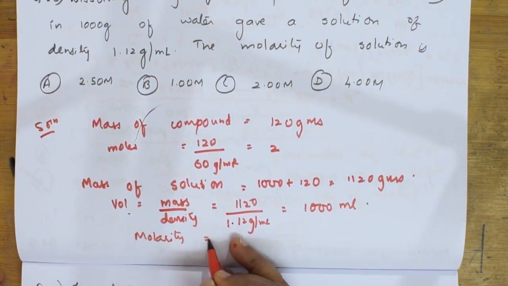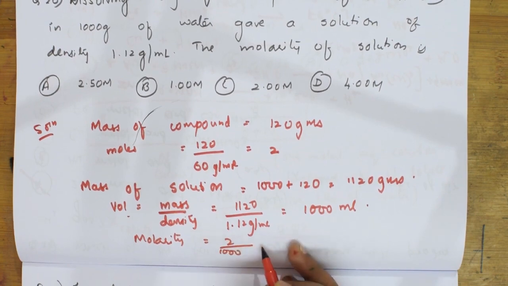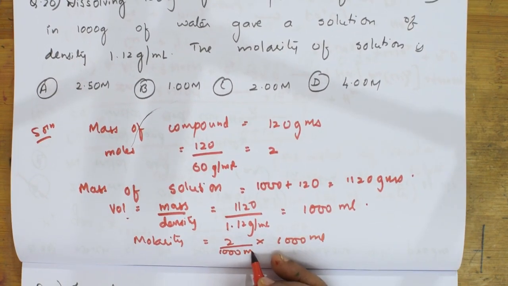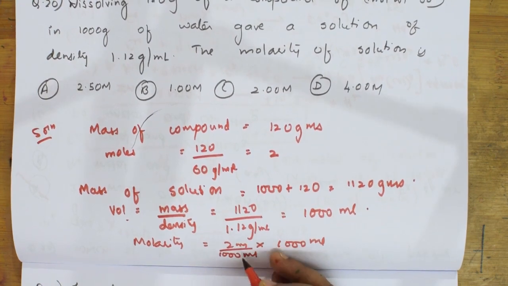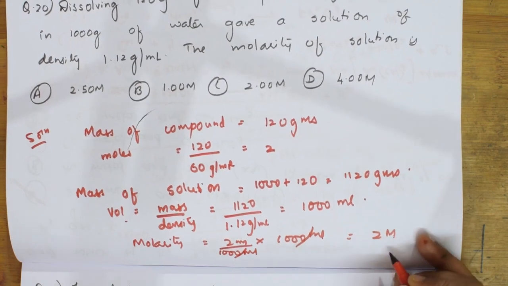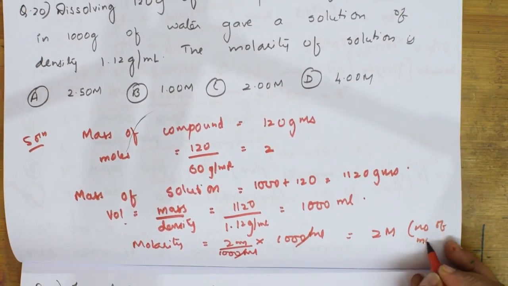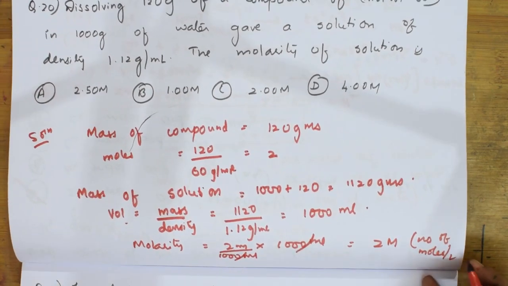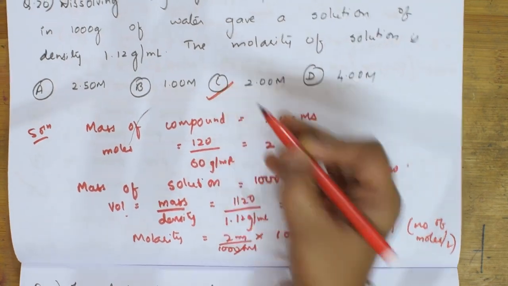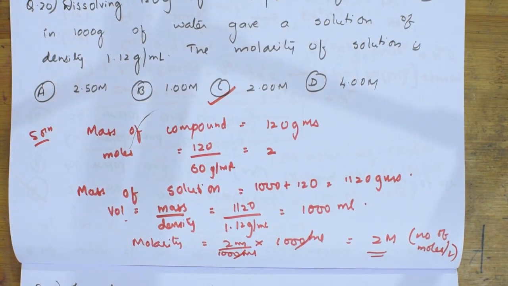Molarity is equal to 2 by 1000 into 1000 ml. This is ml, this is moles, so this and this get cancelled. So 2 molar. M is number of moles per liter. So the answer is 2, 2 M is the correct answer. I've marked C option, C is the right option.